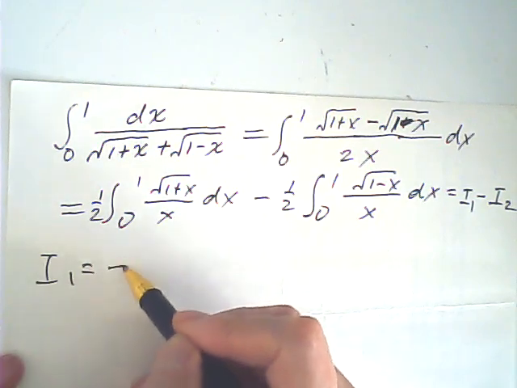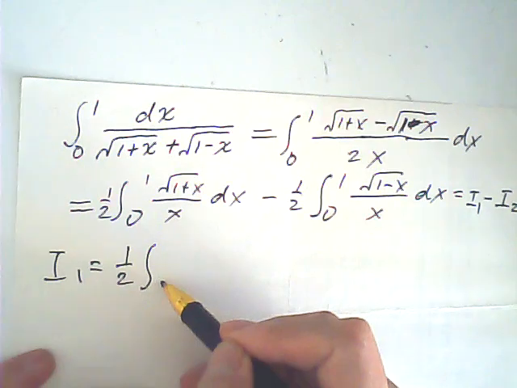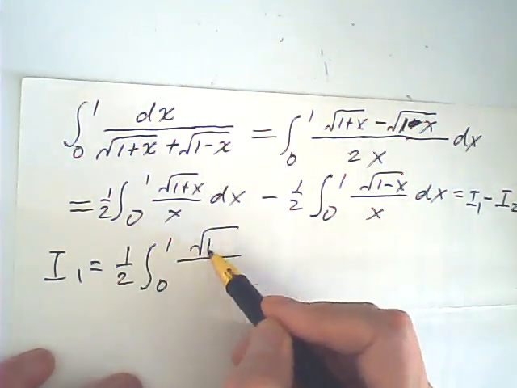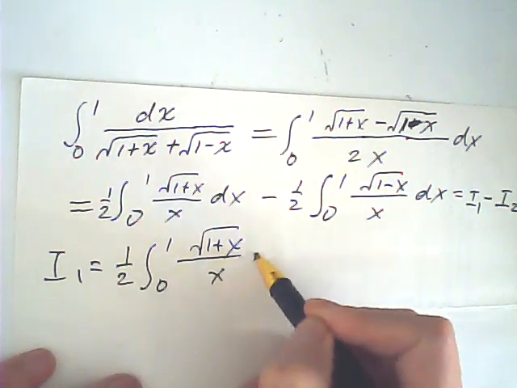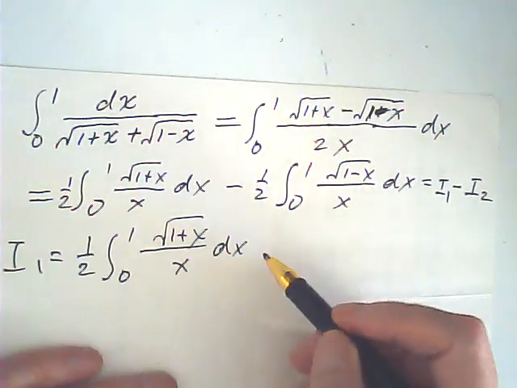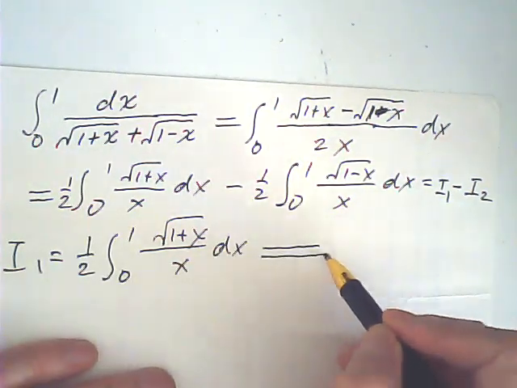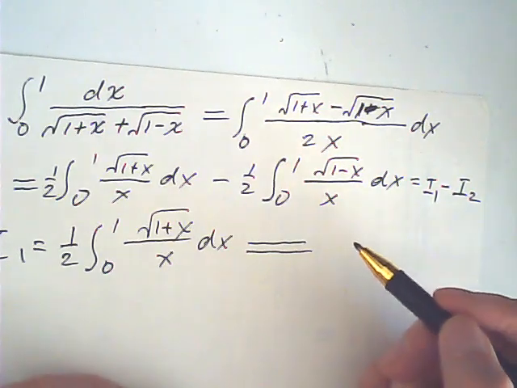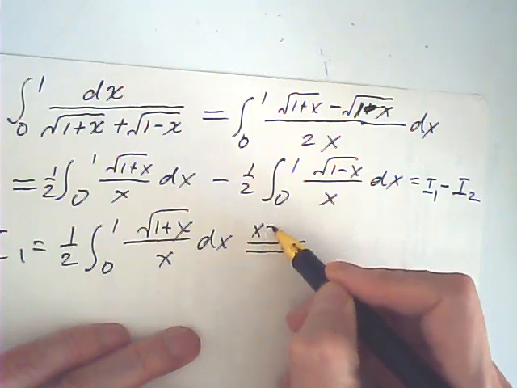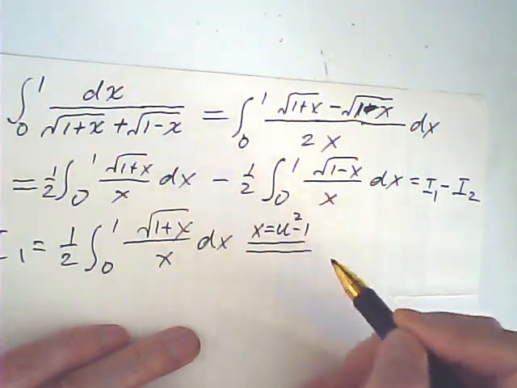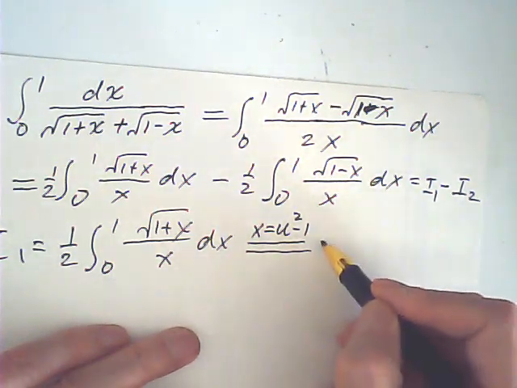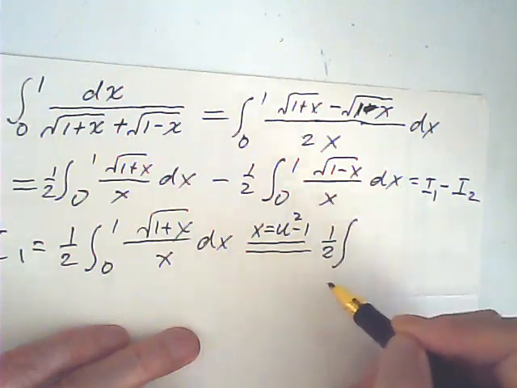I1 is equal to 1 half integral from 0 to 1 of x times the square root of 1 plus x dx. That is this one. I use substitution. I let x be u squared minus 1. And it becomes 1 half.